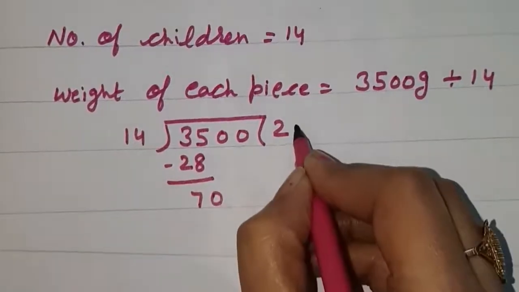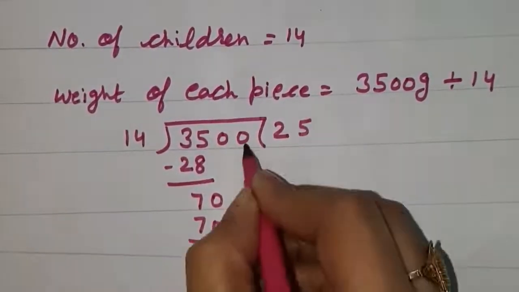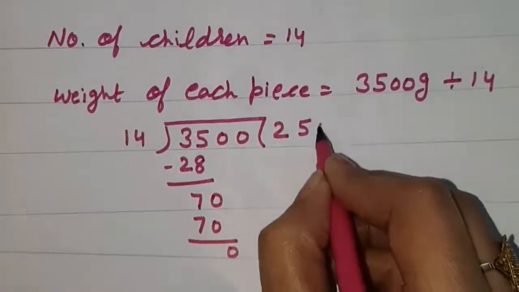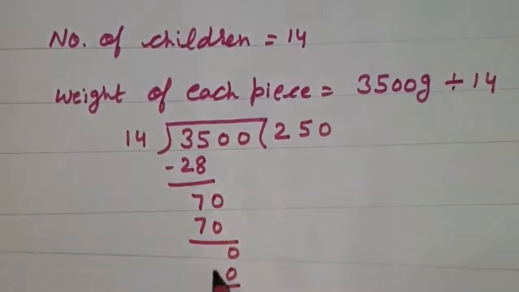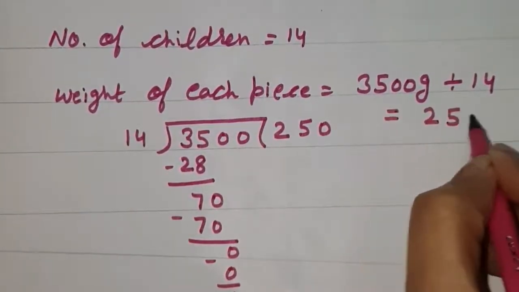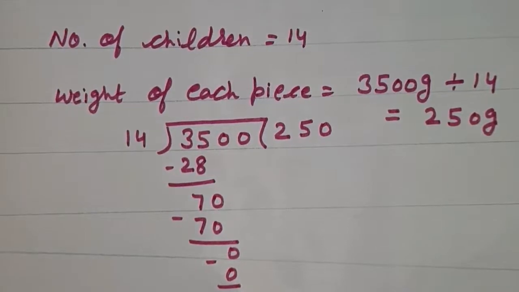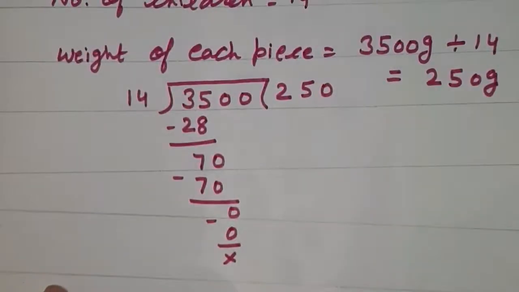Take the 0. 14 5s are 70. Consider last 0. 14 zeros are 0. Put minus sign. Each piece has weight 250 gram. Understood?